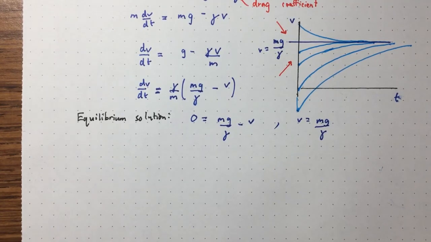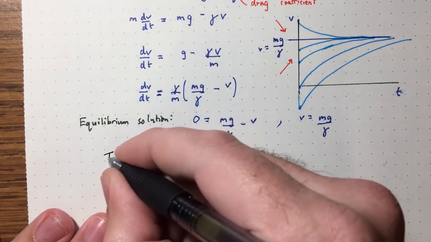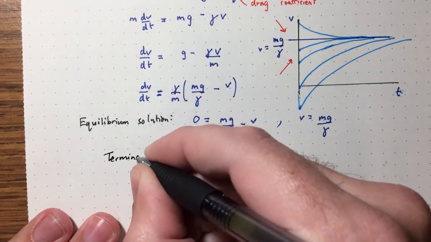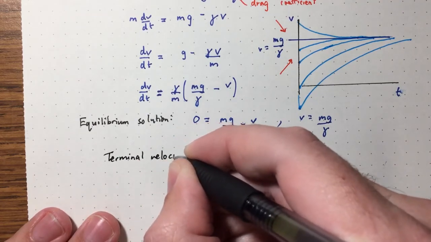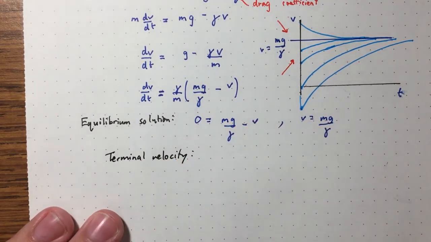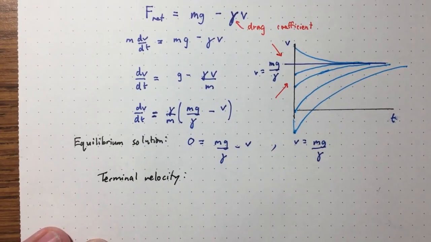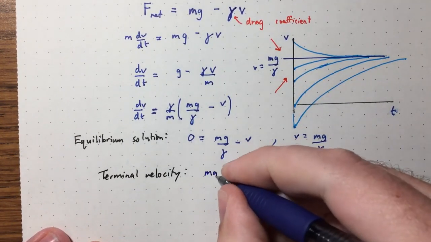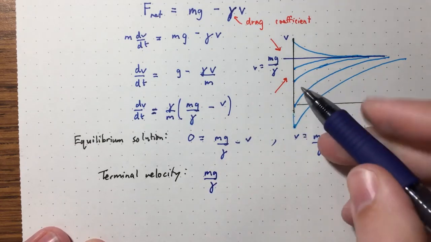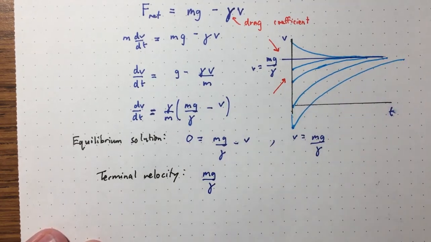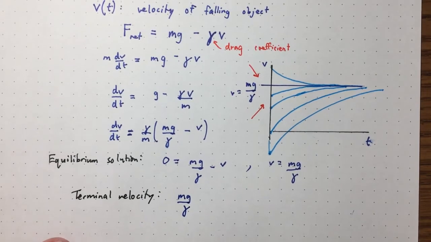And so what is the terminal velocity? Of course it has to be mg over gamma. So that's the velocity that any object will eventually approach, because this is a stable equilibrium.